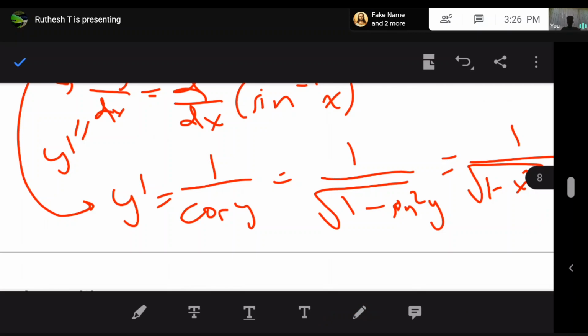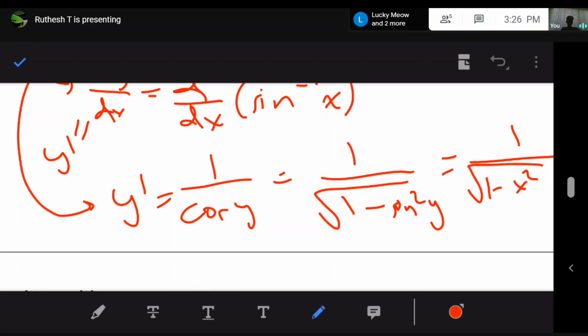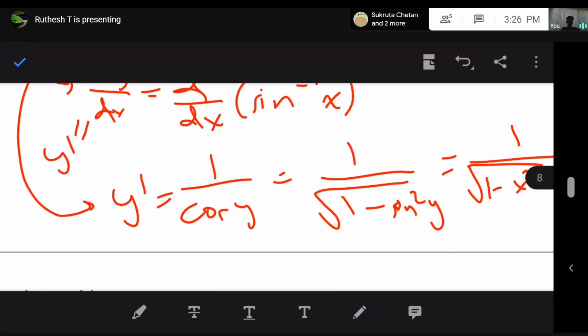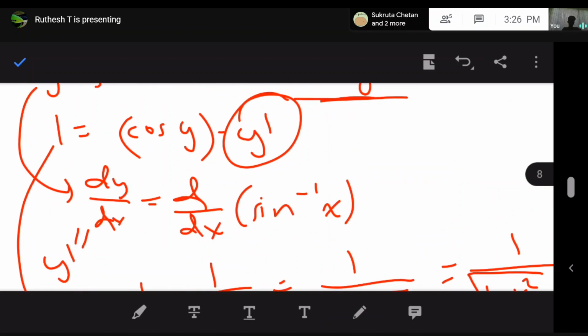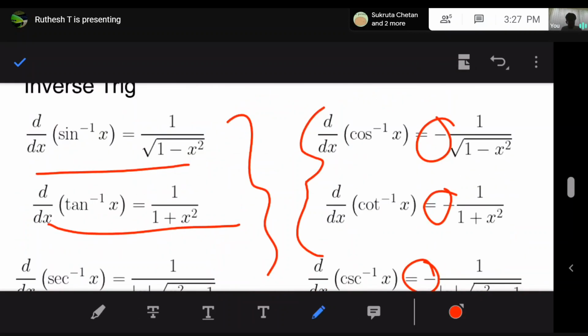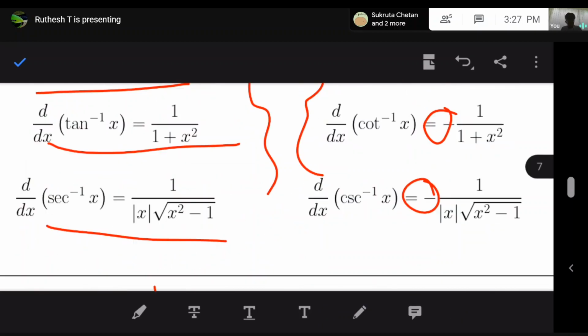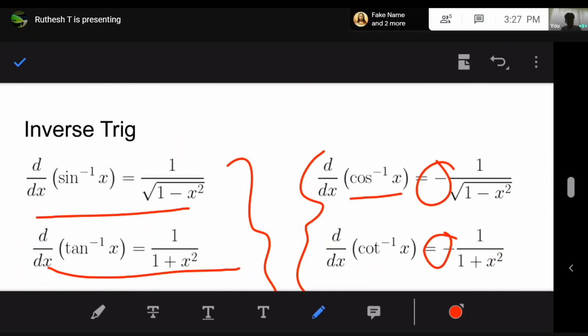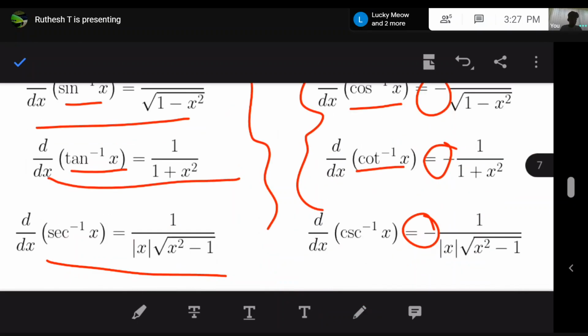So for the other inverse trig functions, you could go through the same process as well. It's not too difficult, but it's also much easier to realize a relationship that cosine inverse shares with sine inverse, cotangent inverse shares with tan inverse, and so on.